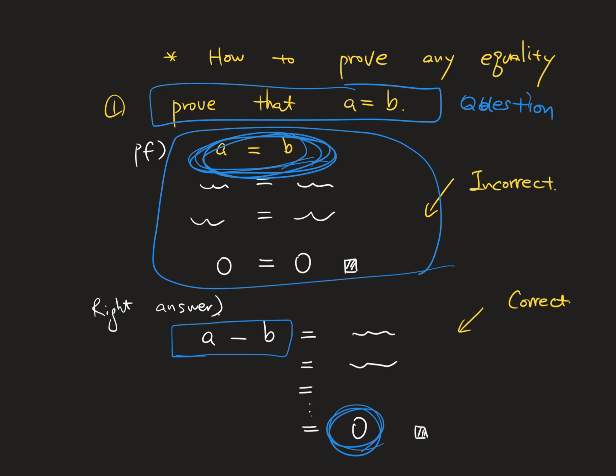But anyway, when you start the proof, you need to pretend that you don't know whether A is equal to B. So at this stage you have to show some kind of fake surprise. So finally we got 0, so that's the end of proof.